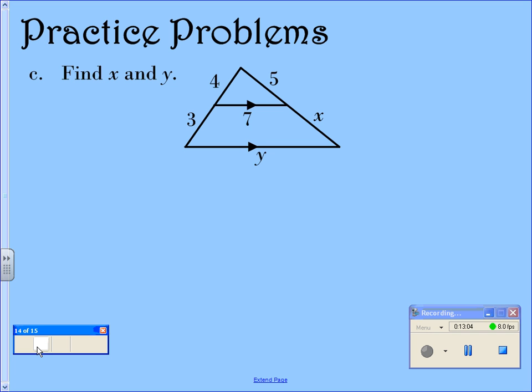Are the triangles similar? How do you know? Bases are parallel. Do what? You know how to do normal similar triangles? It's the same thing.